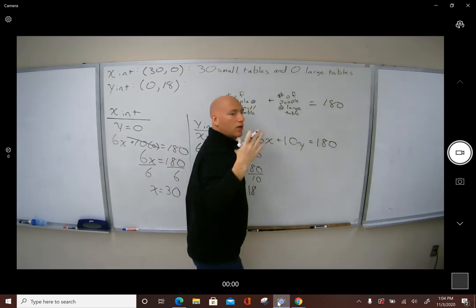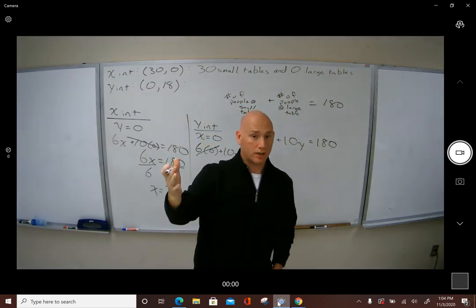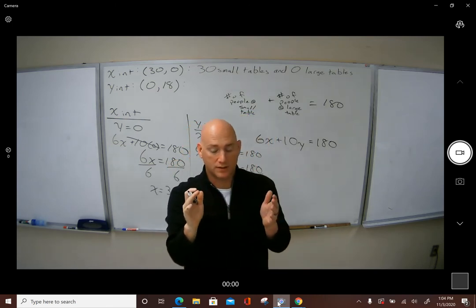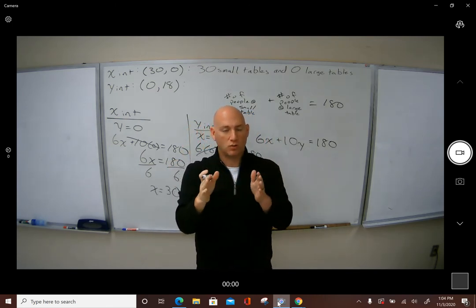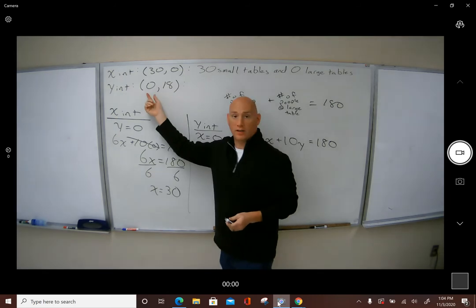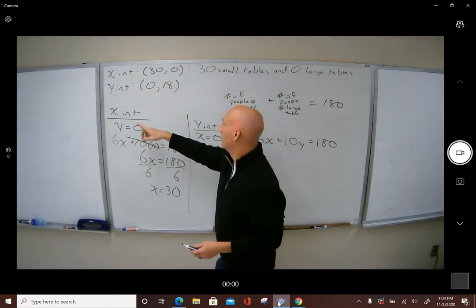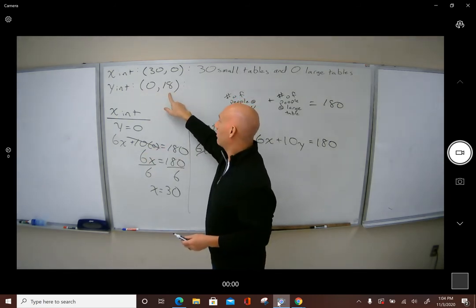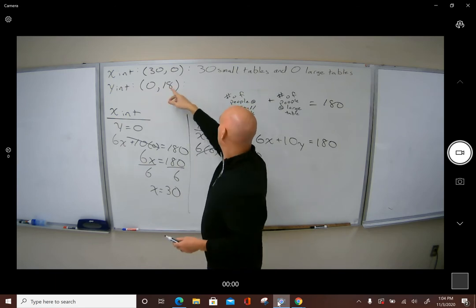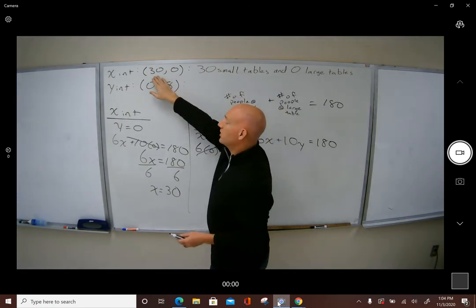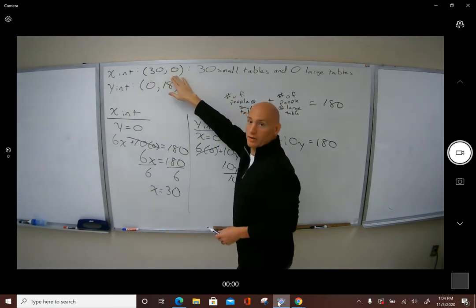We have to really get comfortable with what that means. We're talking about intercepts, we're talking about points. Each individual part of the point, each coordinate, means something. This is the number of x's, this is the number of y's. For us, x meant small tables. So I have 30 small tables and 0 large tables.